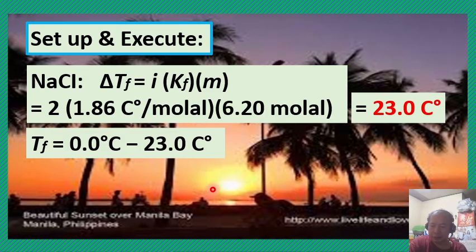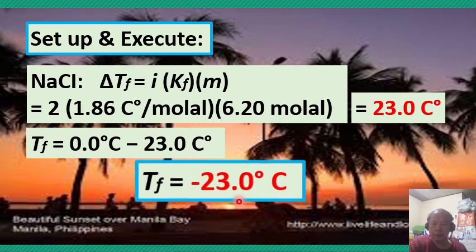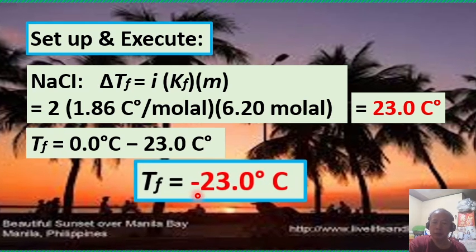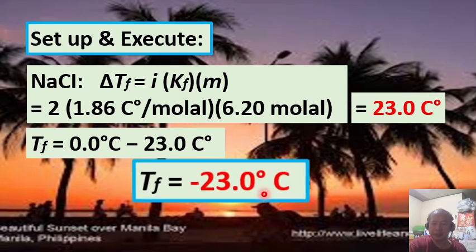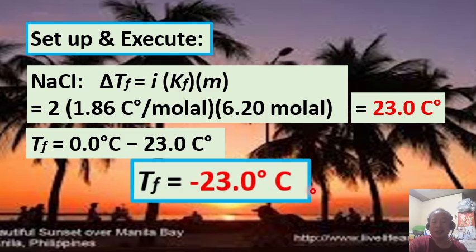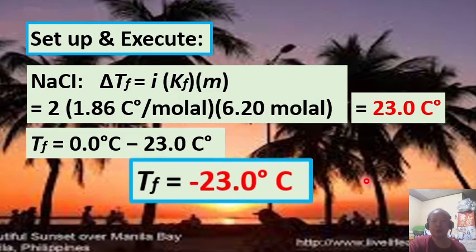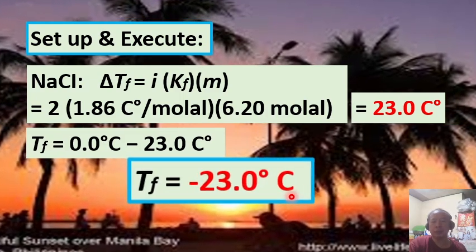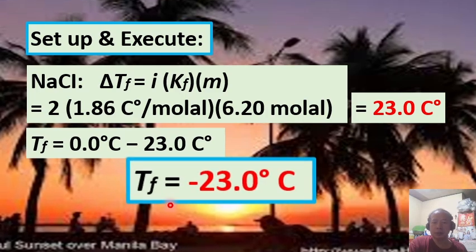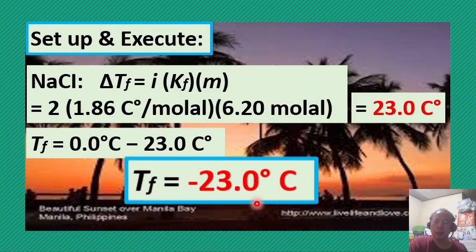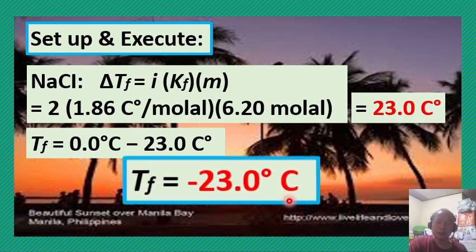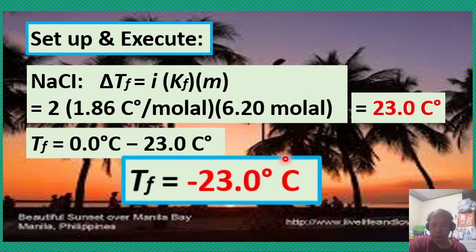So that is equivalent to negative 23.0 degrees Celsius rounded to 3 significant figures. This is the actual freezing point of the sodium chloride solution.